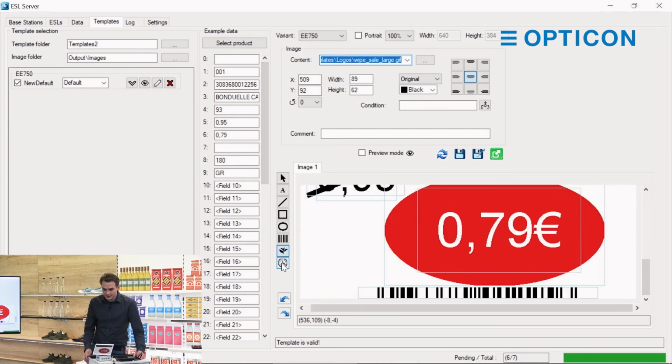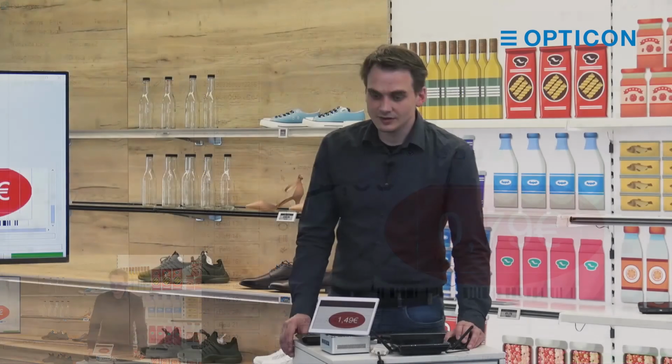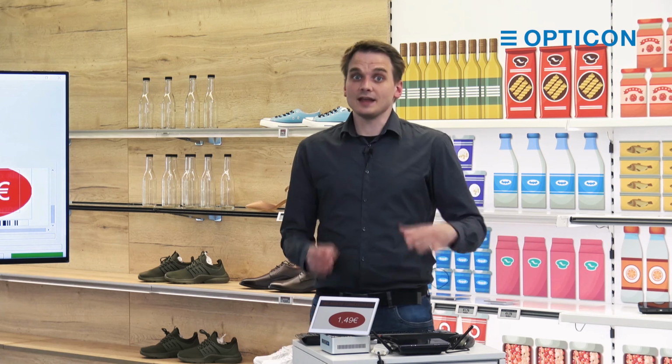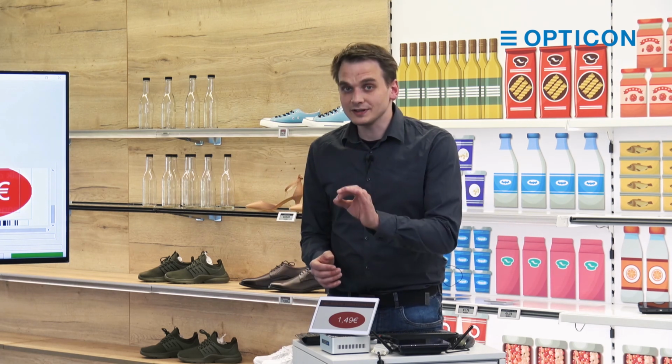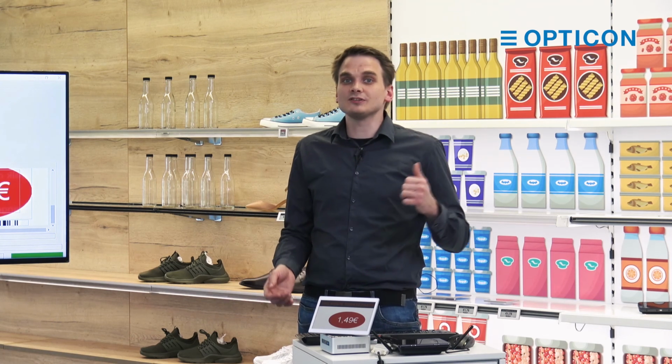And then below that is a timestamp with the last update. You probably won't use it that often on your templates. I mean, it's not that important for your customers to see when the last time was that your ESL updated, but it might be handy for some stores if you want to know exactly when the ESL updated for the last time, so that not only the ESL server is saying, hey, a label went offline, but also that your template itself is saying, this is the status that I was in 3 weeks ago.